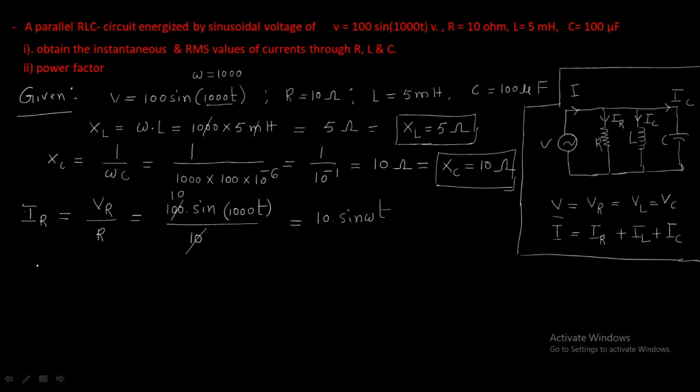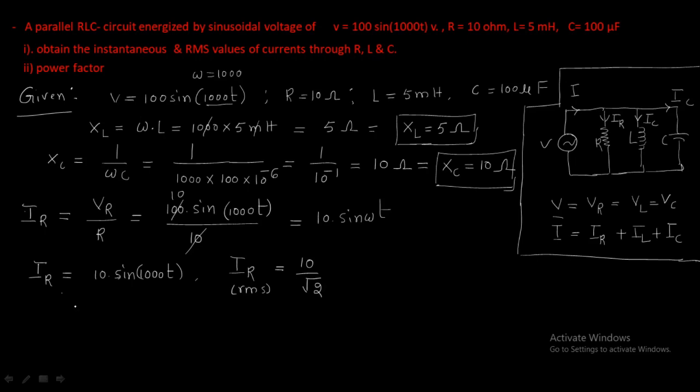This is the instantaneous current, IR equal to 10 sine 1000 t. And from this we can find the RMS resistive current, equal to 10 by root 2.